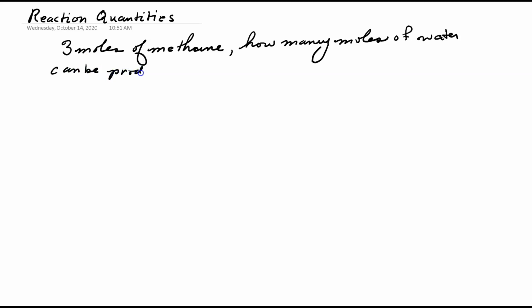And we could ask the question, how many moles of water can be produced? And we should say how many moles of water can be produced from 3 moles of methane.